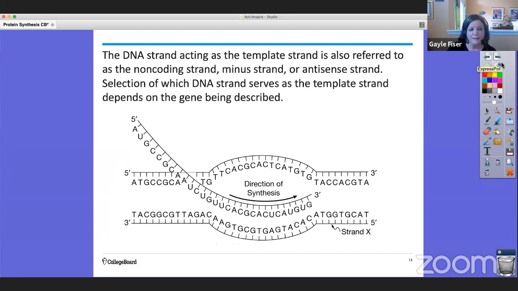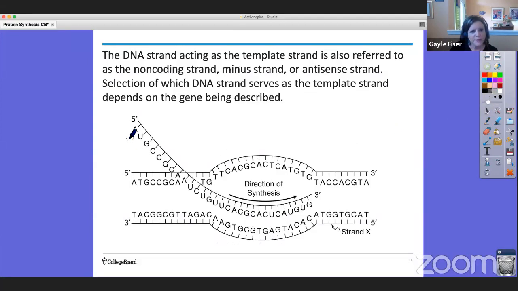All right, the DNA strand acting as the template strand is also referred to as the non-coding strand, the minus strand, or the antisense strand. Selection of which DNA strand serves as a template strand depends on the gene being transcribed. So let me share with you how I look at this.